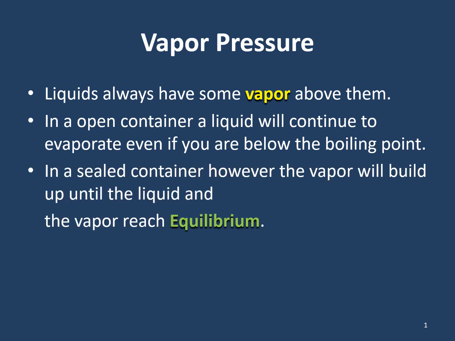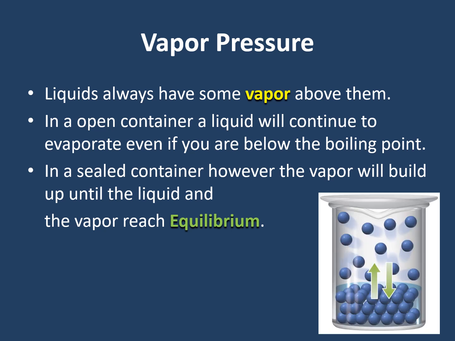In a sealed container, however, that liquid will evaporate and it'll start to build up in the container, right? If the container is sealed, the vapor doesn't escape, so it starts to build up. And eventually the liquid and the gaseous state substance will reach what we call equilibrium, where we have equal rates of evaporation and condensation occurring.